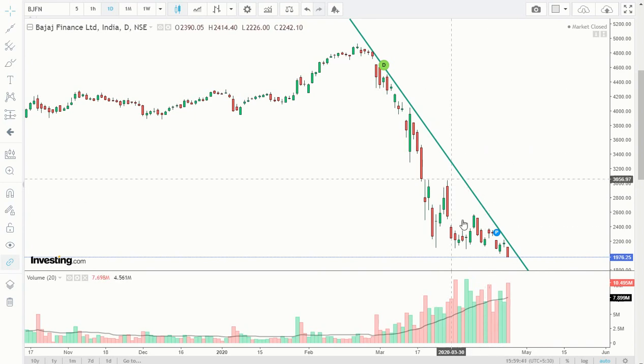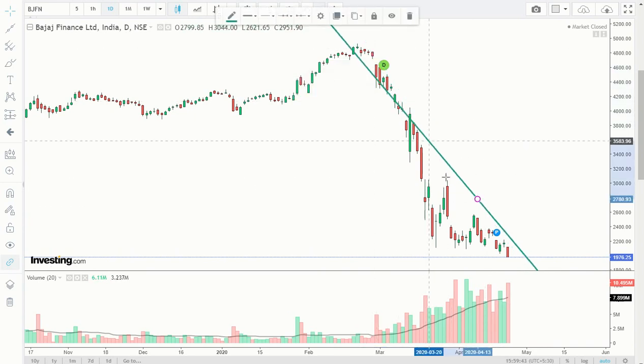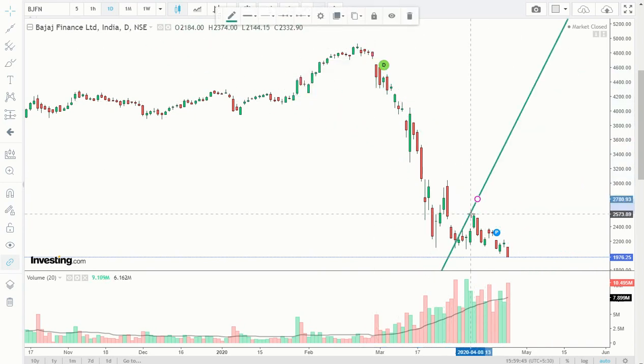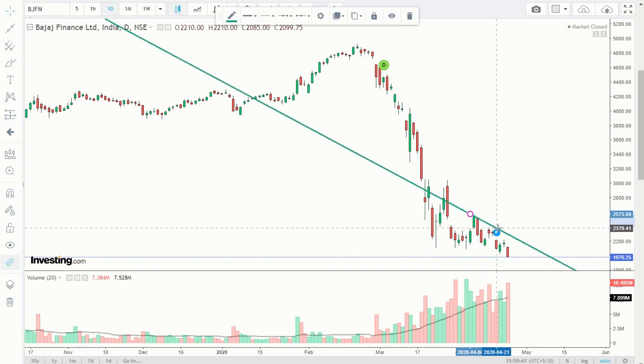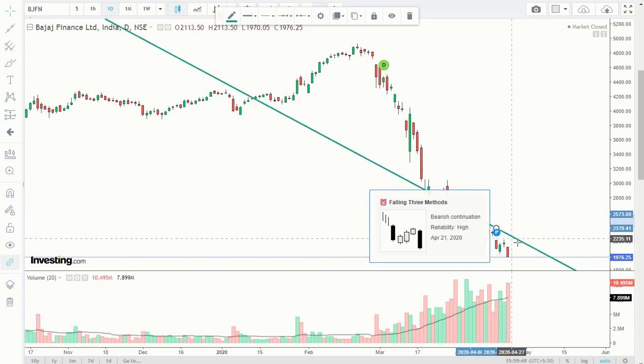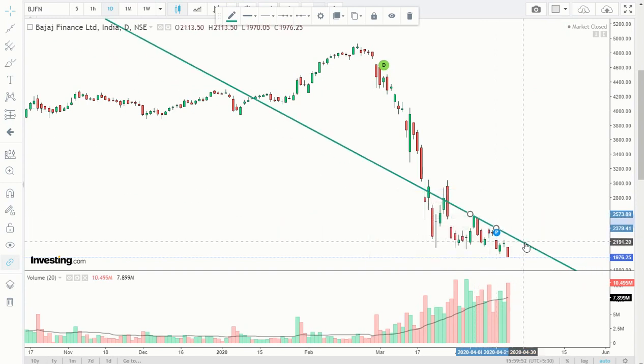It's a very steep line, so it won't give you very good results. What you have to do is join this point and this point. Whenever it breaks this line, that is, goes above 2200 levels, it can give you a good up move up to 3000 levels and so on. Likewise, you have to analyze.